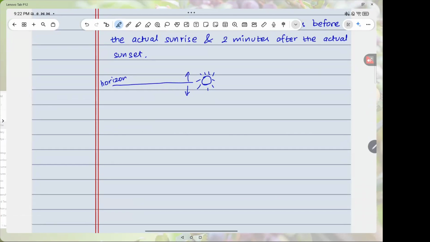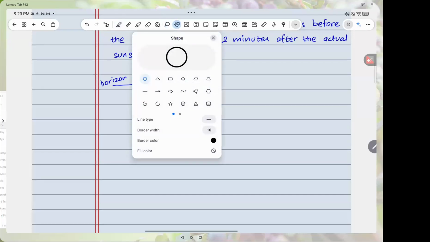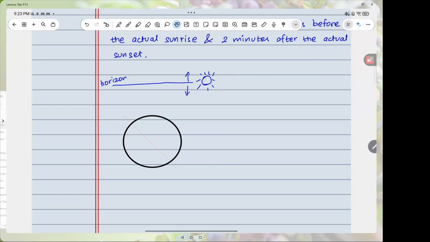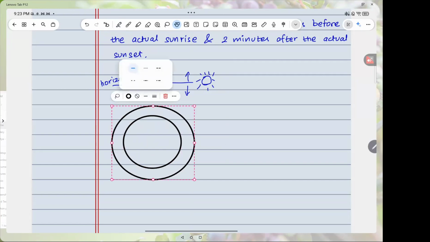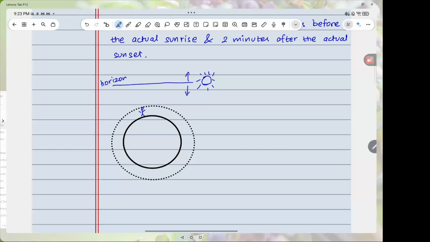Let's say this is Earth, and this is Earth's atmosphere. Now let's say we are standing here, so this will be the horizon. During sunrise and sunset, let's say the sun is here, below the horizon.